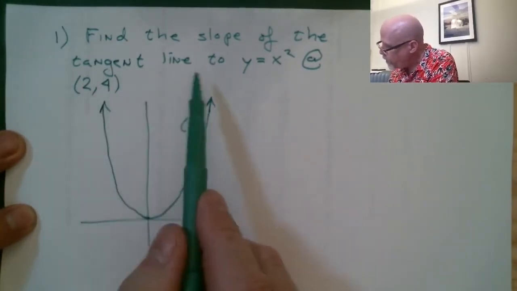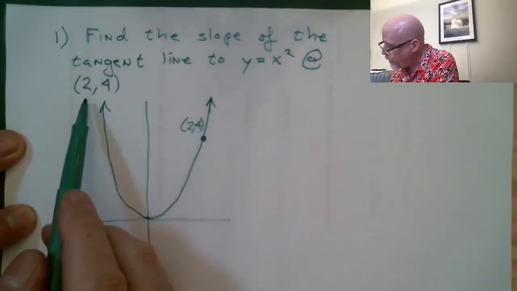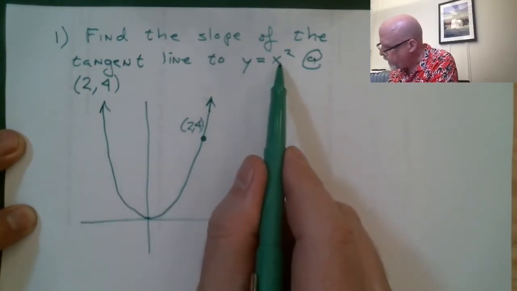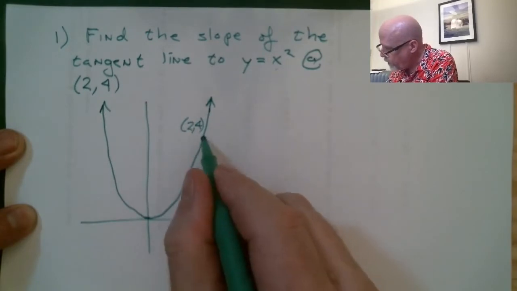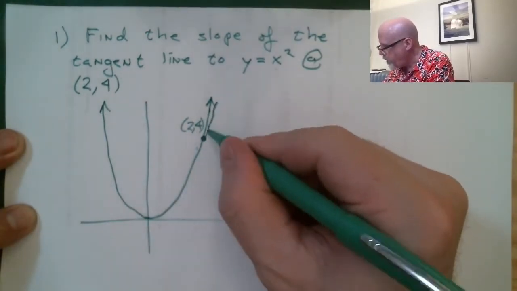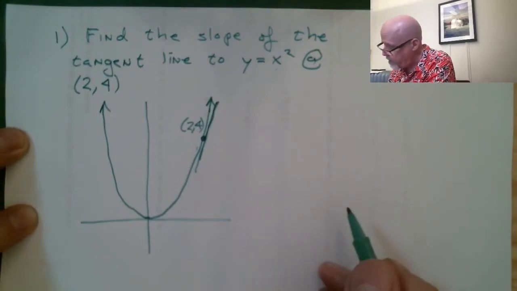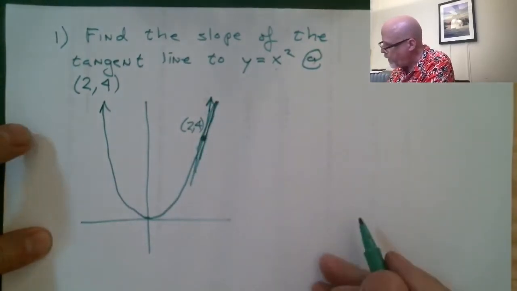We're finding the slope of the tangent line to the function y equals x squared, and we're working at the point 2, 4. I hope it's obvious to everybody that if I stick x equals 2 in, I get 4, so that'll be the y-coordinate. So there's the point, and just guesstimation, I would say it's a pretty large positive number, right? The slope there looks like it's kind of big. Let's see if we can figure it out.